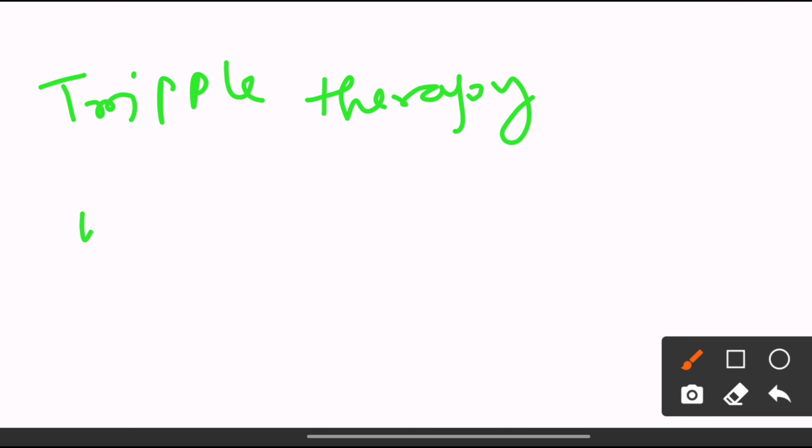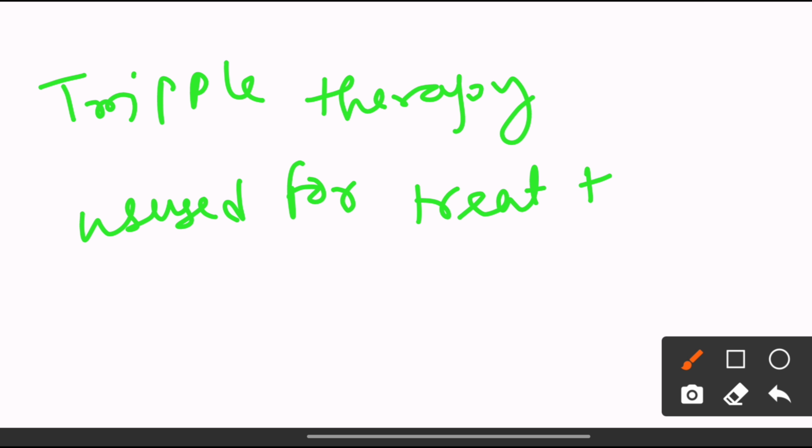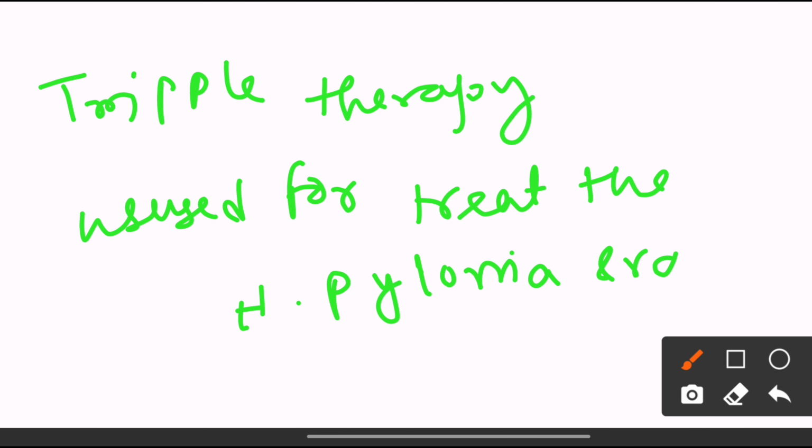Triple therapy is used to treat H. pylori eradication.